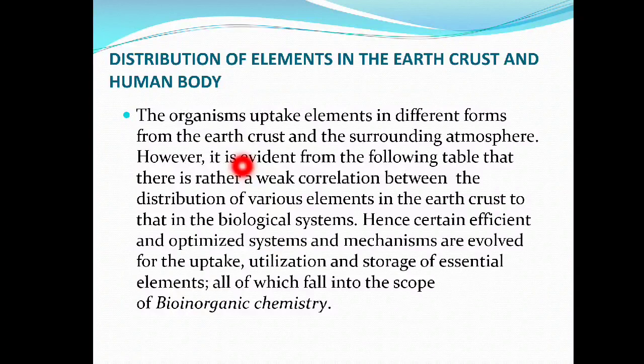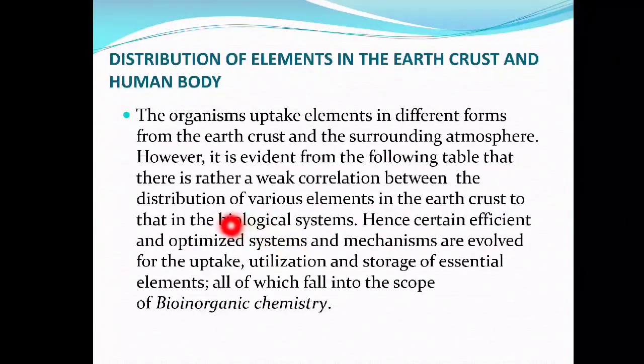Let us see some of the information related to the metals or the elements in the biological system. That is the distribution of elements in the earth crust and in the human body. Remember, the organisms take up elements in different forms from the earth crust and the surrounding atmosphere. However, it is evident from the following table that there is a rather weak correlation between the distribution of various elements in the earth crust and that in the biological system.